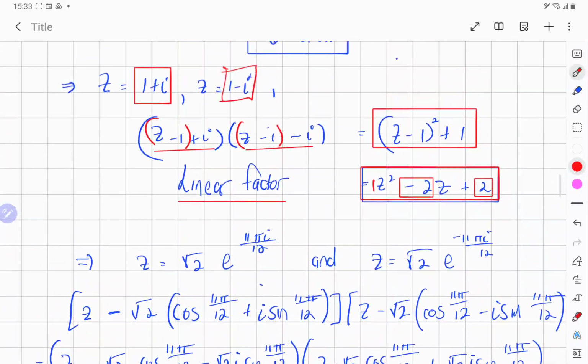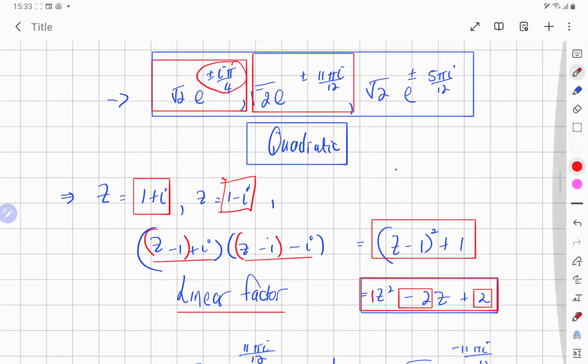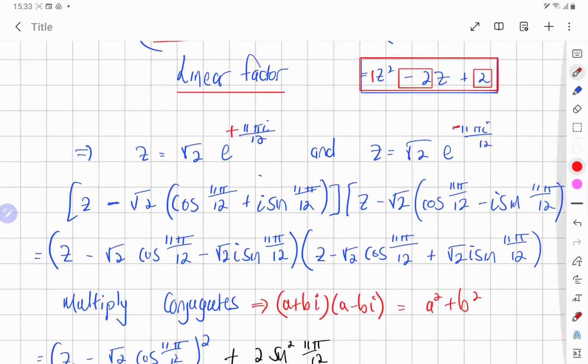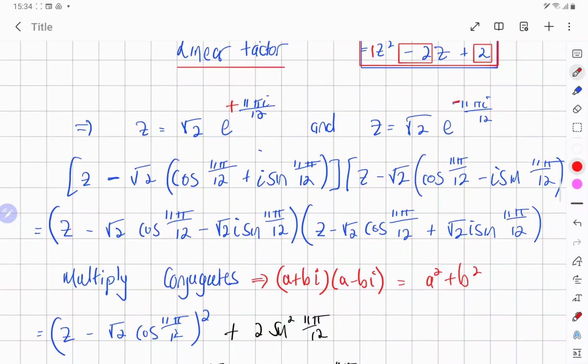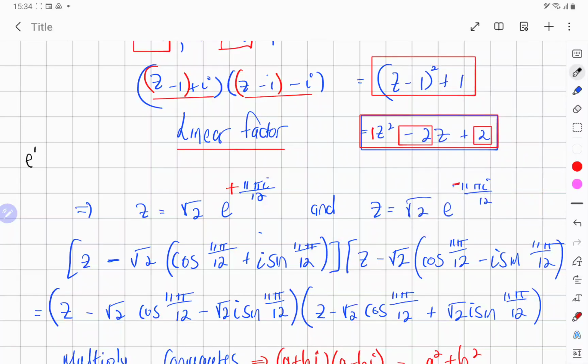So now we will do for root 2 e to the plus or minus 11 pi i over 12. So here I'm doing the positive, here I'm doing the negative. So just recall, very important, you know that by now we use it all the time. This is cos theta plus i sine theta.